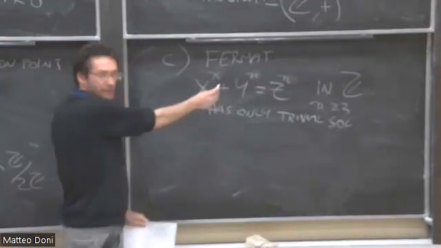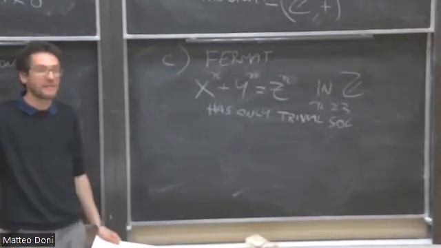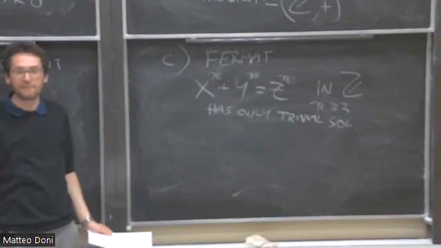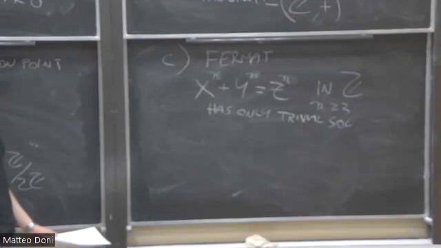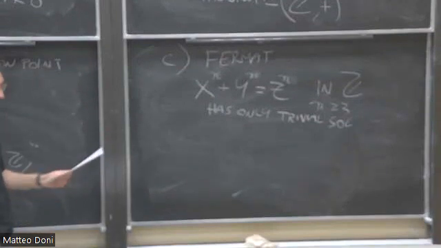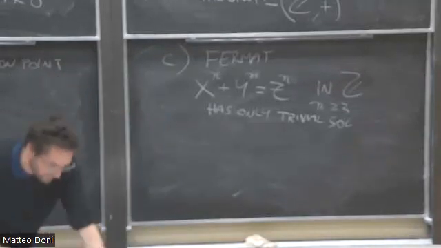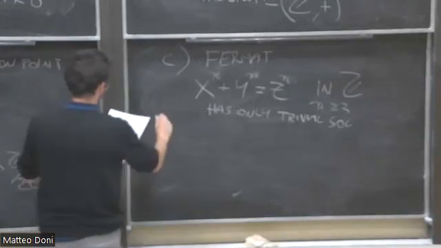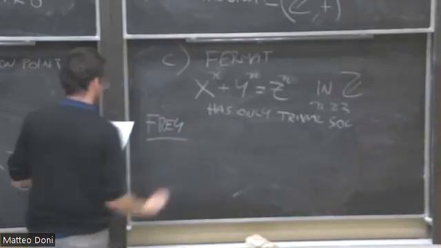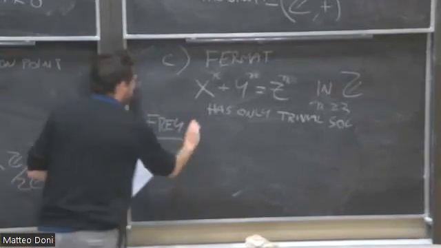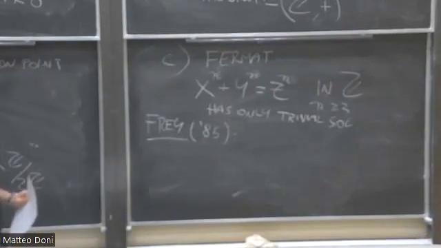Okay, but what is the connection between this equation and elliptic curves? This was, in some sense, the outstanding thing that emerged during the 70s, 80s, because if I remember correctly, it was Frey who noticed in 84 or 85, something like that.